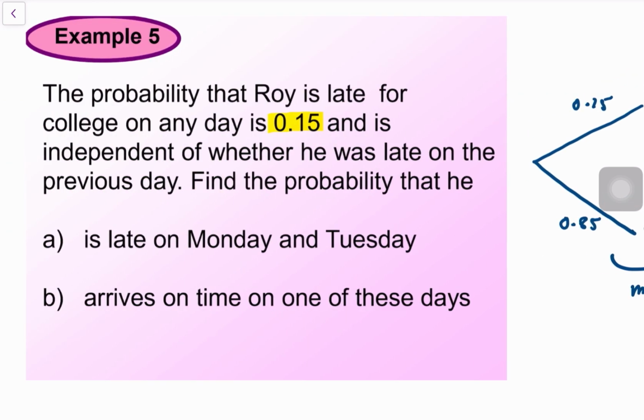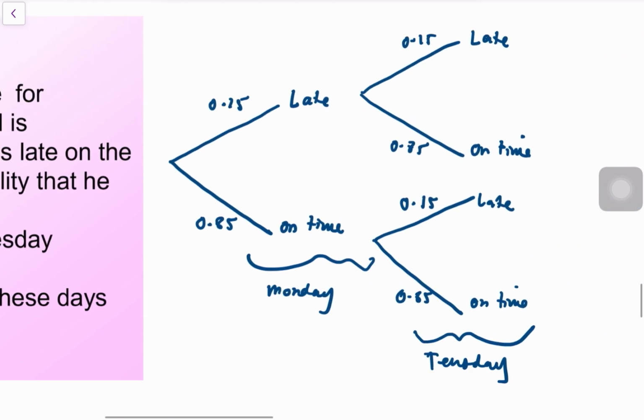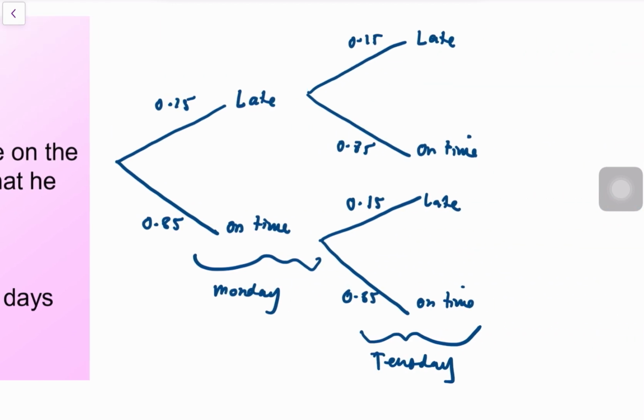For A, we are going to find the probability that he is late on Monday and Tuesday. So he is going to be late for 2 days, Monday and Tuesday.